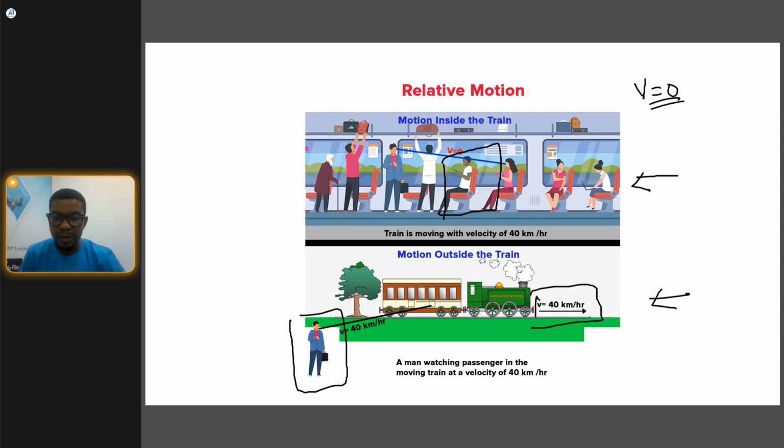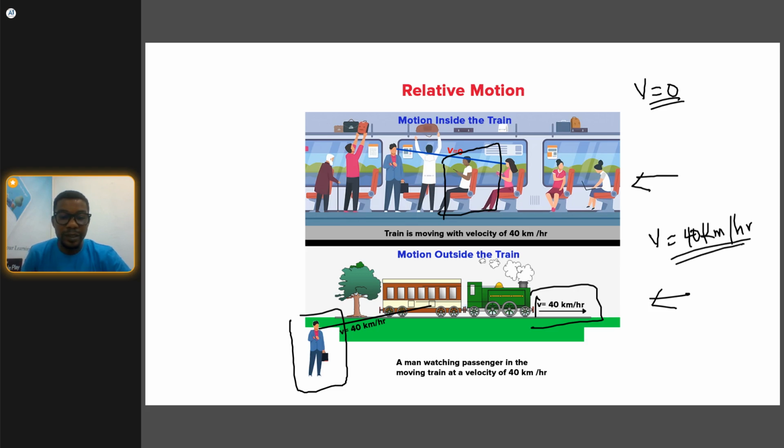I believe you are getting my point now. I said that the velocity of the boy seated in the train is going to be the velocity of the train that is moving. The train was moving at V equals 40 kilometers per hour.